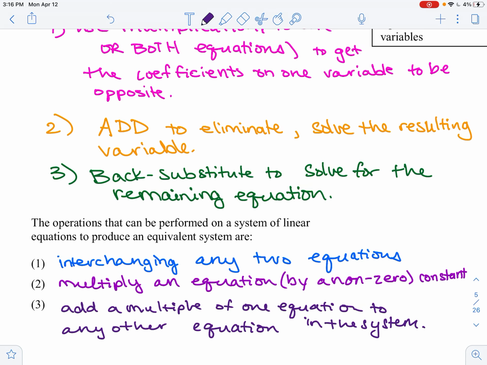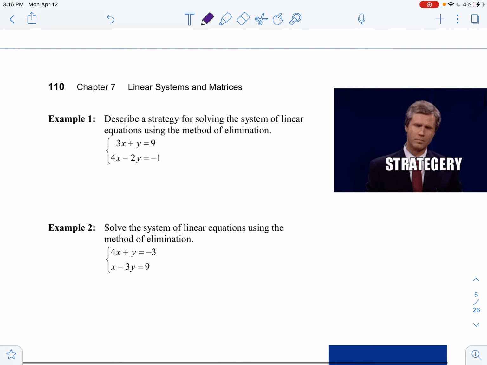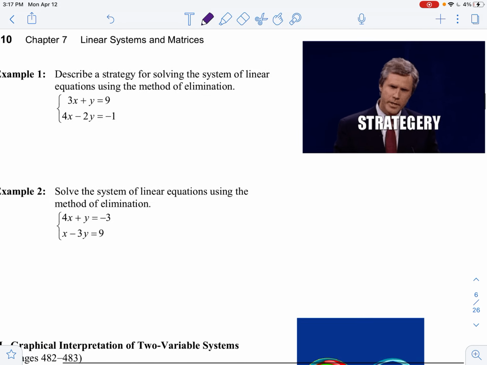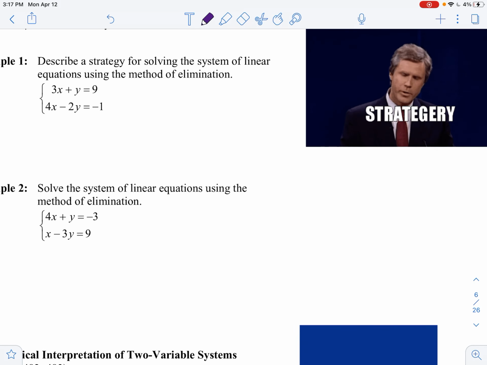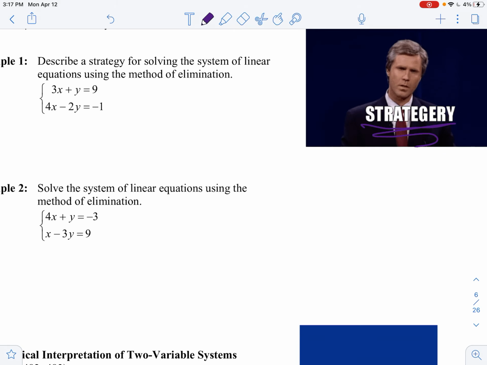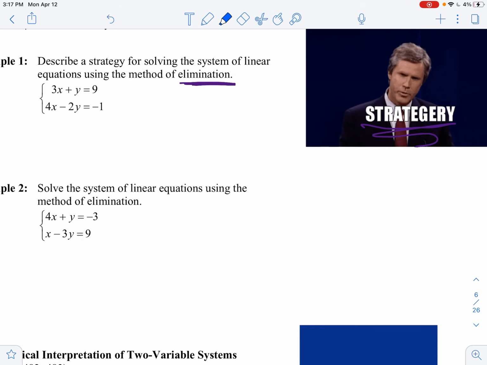Okay, so let's jump into a little bit of this. Talking about strategy, this example says describe a strategy for solving the system of linear equations. If I'm using elimination, first I want to decide which variable I'm going to make the coefficients similar.